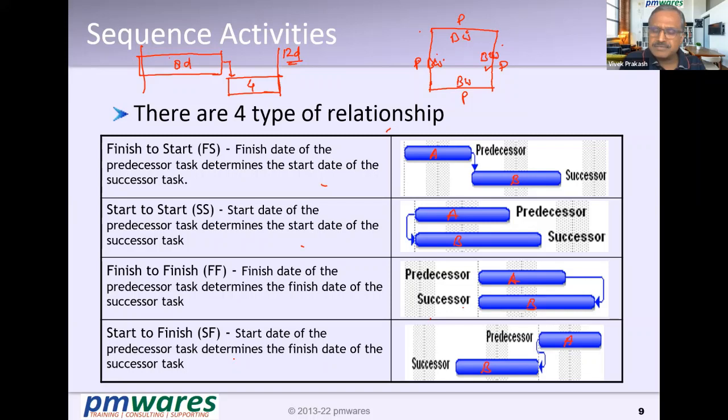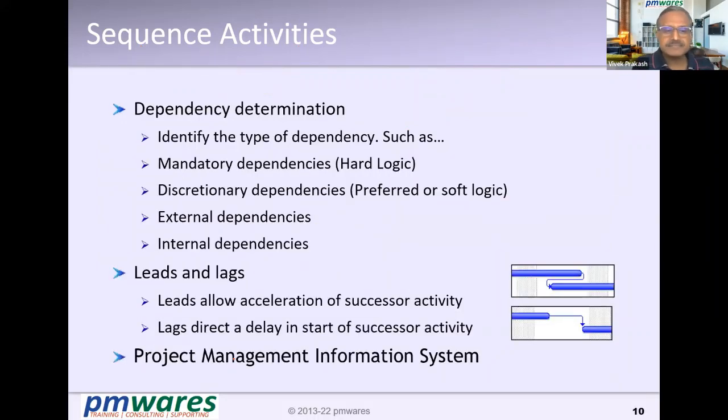Does that make sense? Yeah, very clear, yes. But in projects, it is not very commonly used. In fact, it is rarely used. Some dependencies are mandatory dependencies, like you need 4 pillars before you cast the slab. You have to develop things before you test them.